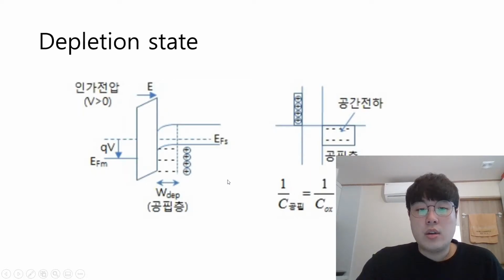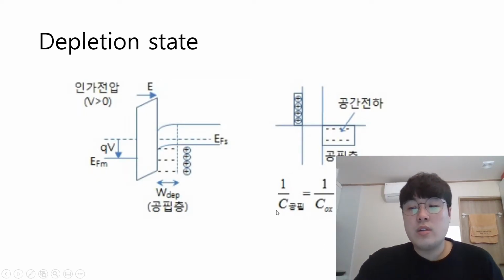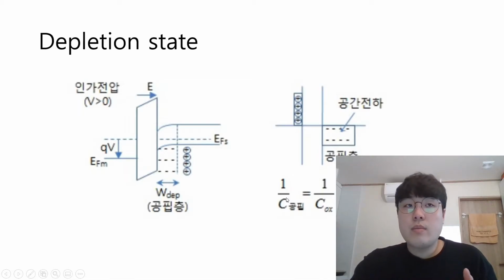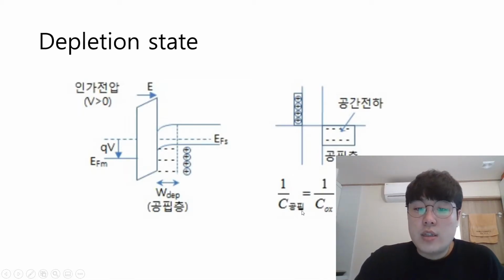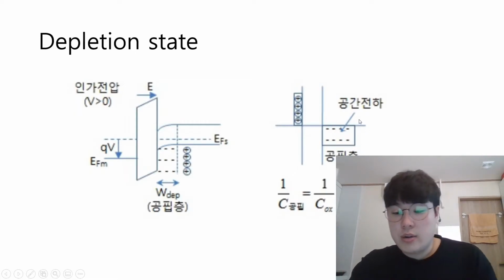So the capacitor value is changed, and when we get the depletion state, we can calculate it using this formula. And here is the charging graph, and this is the depletion layer.